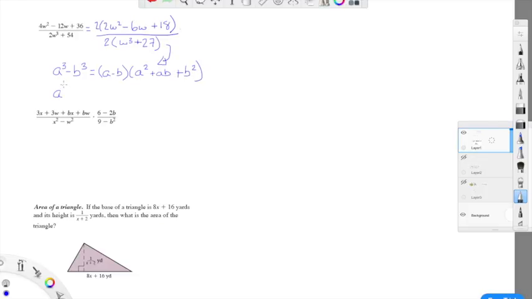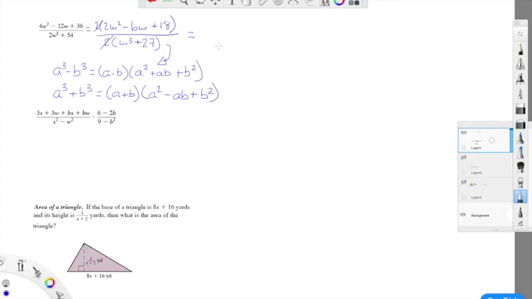And here w cubed plus 27 is the sum of cubes. That can be likewise factored into a plus b times the quantity a squared minus ab plus b squared. And so here we have a and b as w and 3.